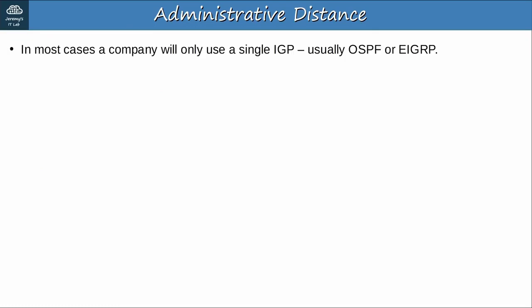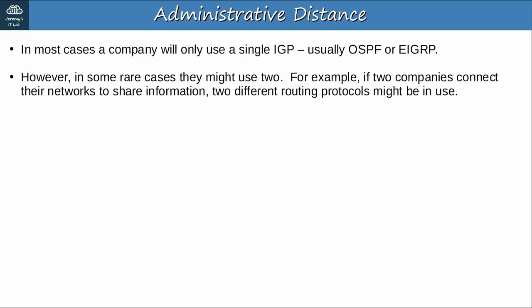Now let's talk about administrative distance, which I briefly mentioned earlier. In most cases, a company will only use a single IGP for the network, usually OSPF, but sometimes EIGRP if they only use Cisco equipment. However, in some rare cases, they might use two. For example, if two companies connect their networks to share information, two different routing protocols might be in use.